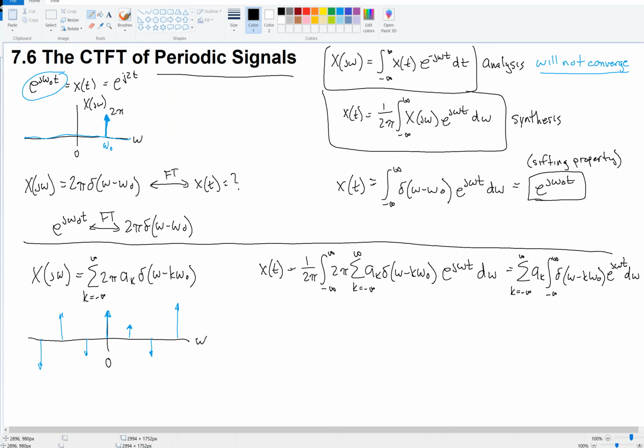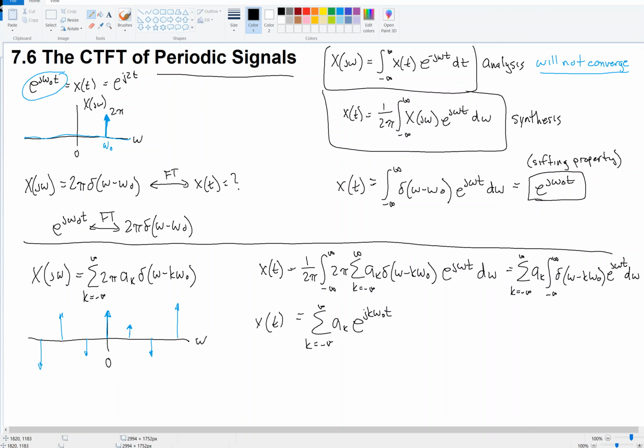Now from the sifting property again, what makes the argument of the impulse 0? Well, when omega is equal to k omega 0. So that whole integral, from the sifting property, check that property out if you are not up to speed on it, is equal to e to the jk omega 0 t. So that goes away, and so we're left with this.